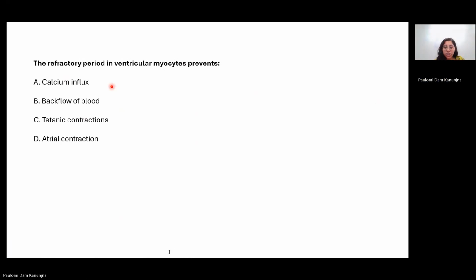Tetanic contraction. So try to think about tetanic contractions or your atrial contractions, calcium influx. All of these are topics that we have discussed in several classes. So can you make a connection and try to think why this is important? We have only a few slides remaining. So maybe I can wait for a few minutes here.